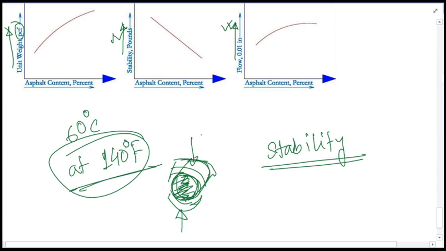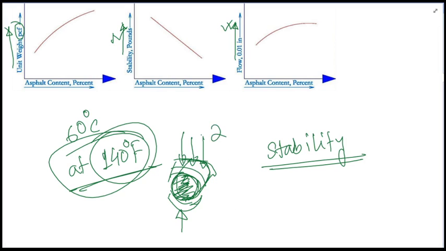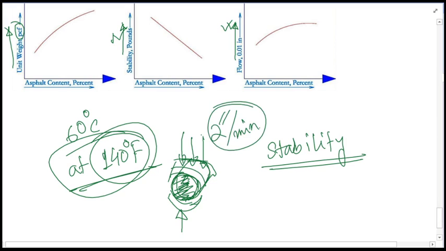The loading is applied at a rate of 2 inches per minute, the deformation rate applied over the specimen, so it is compressed.